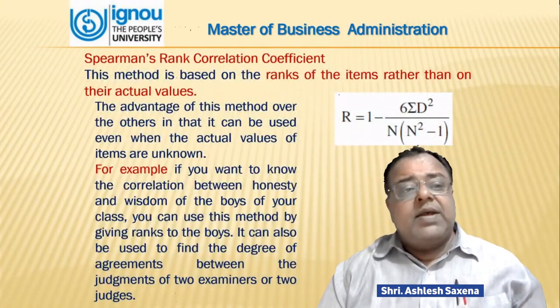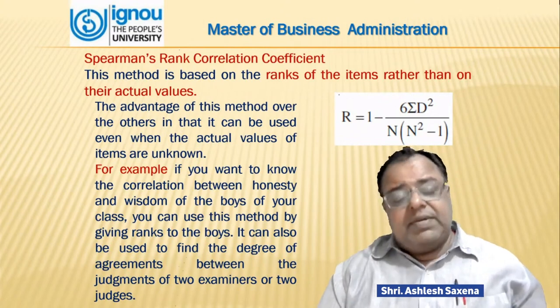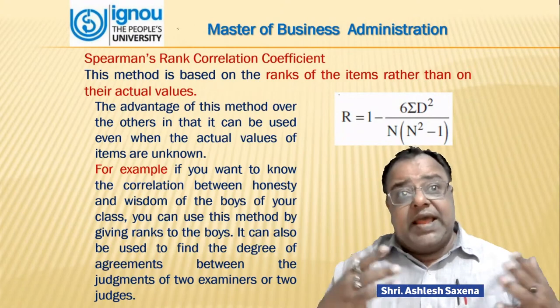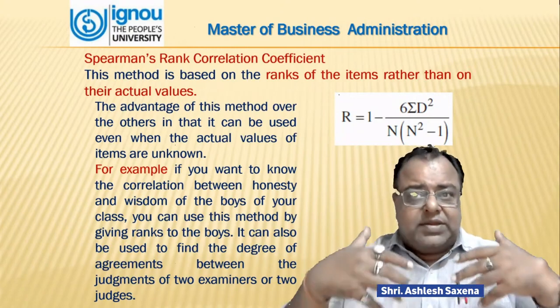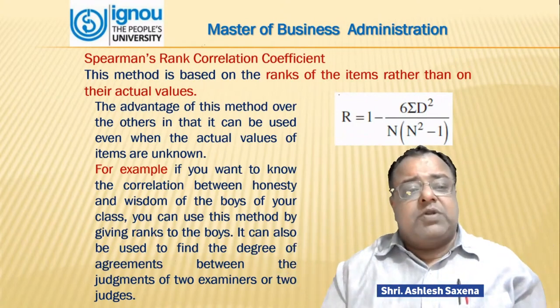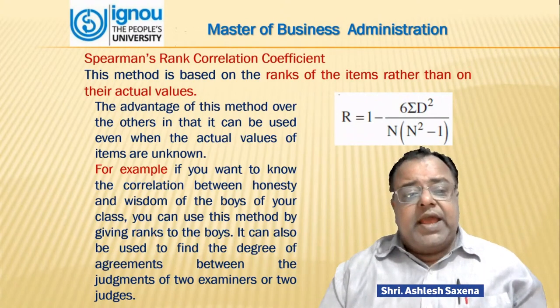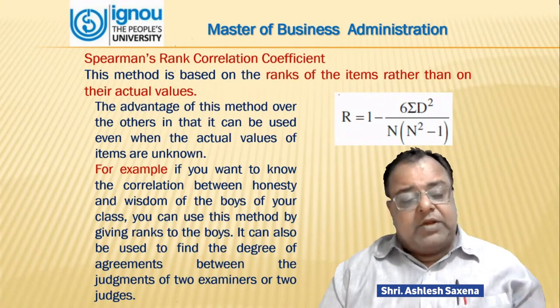Now, the third method is Spearman's rank correlation coefficient. This method is based on the ranks of the items rather than on their actual values. That means we give ranks to the observations. The advantage of this method over the others is that it can be used even when the actual values of the items are unknown.